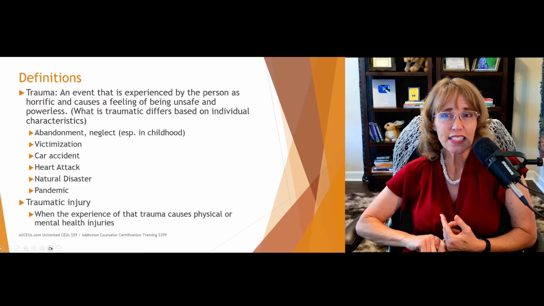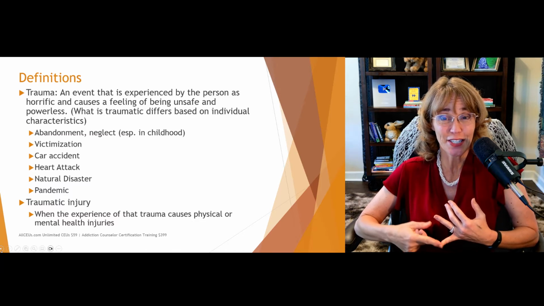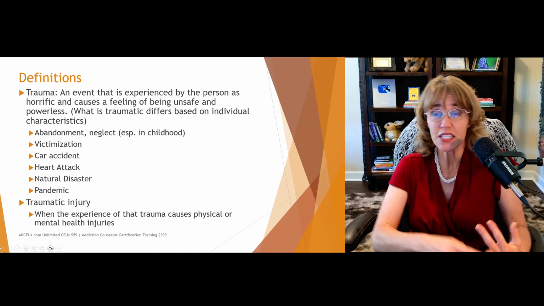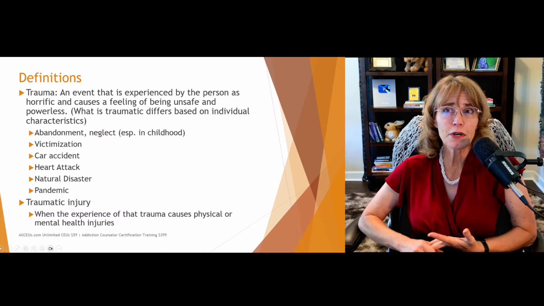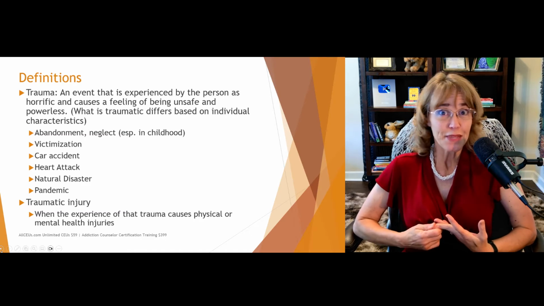Abandonment and neglect causes trauma in most people, especially in childhood. Victimization. Now, what is considered victimization differs between people. A car accident. Some people may have a car accident and walk away and go, woof, glad I walked away from that one.